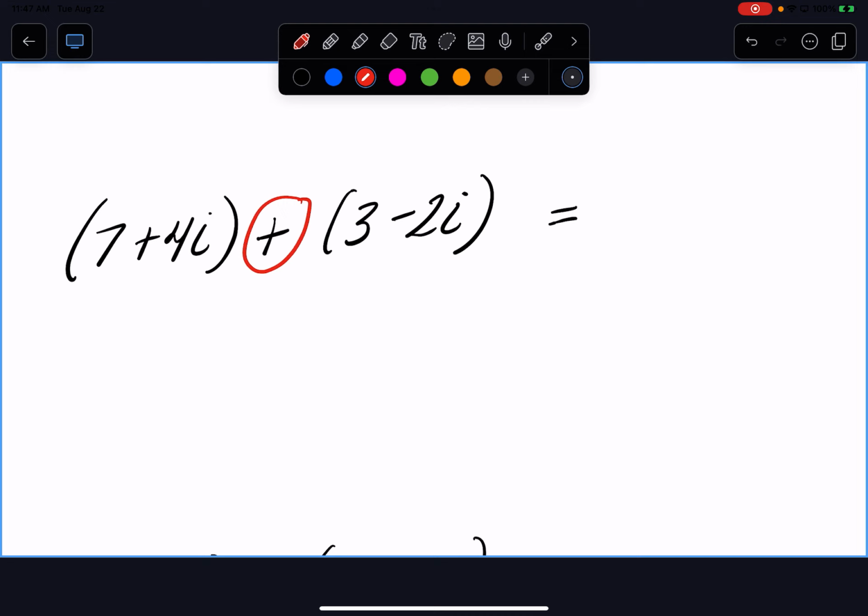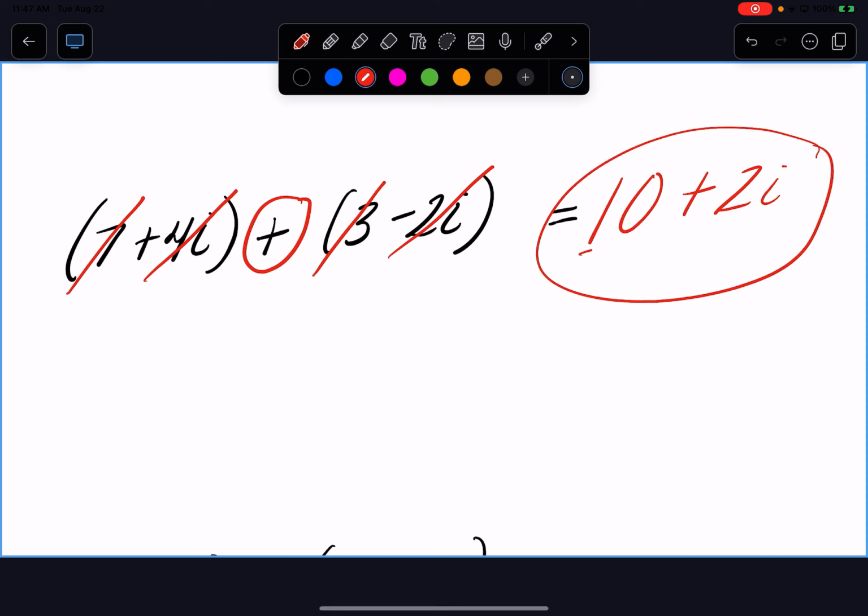Aren't imaginaries like terms to imaginaries? So just don't overcomplicate it. What's 7 plus 3? 10. 4i plus negative 2i is 2i. So we have 10 plus 2i and we're done. There's the real part, there's the imaginary part. So it's really easy.